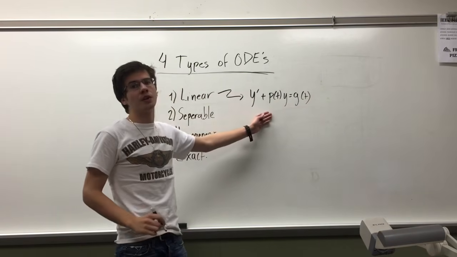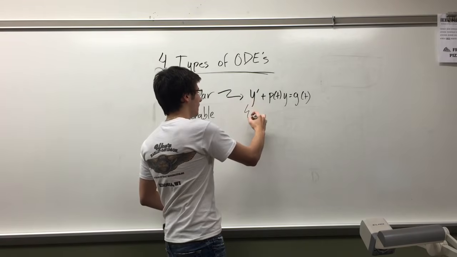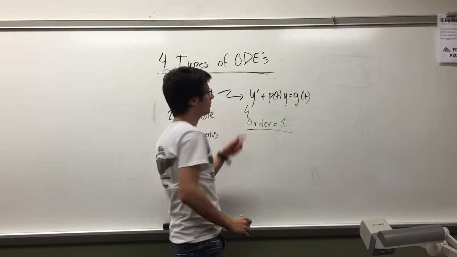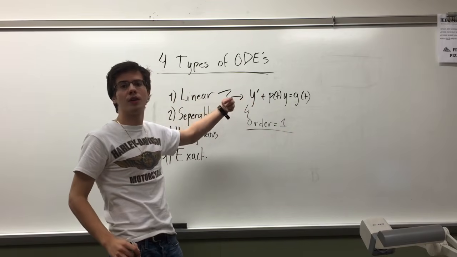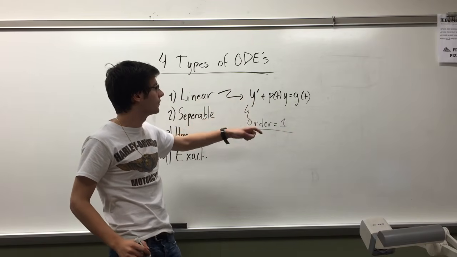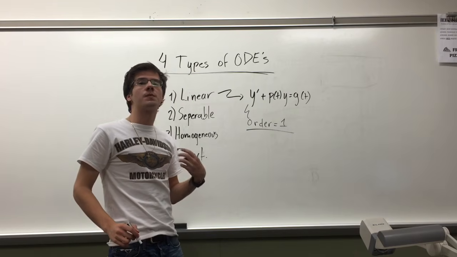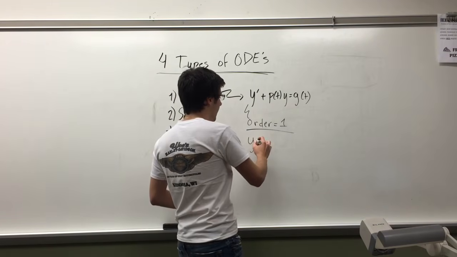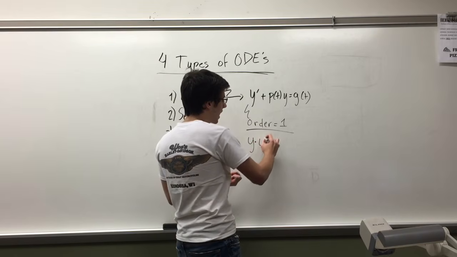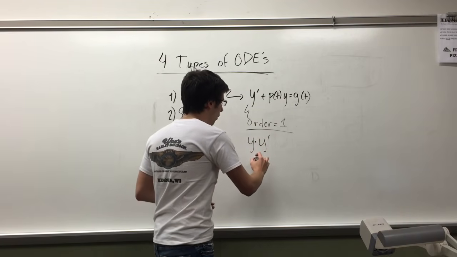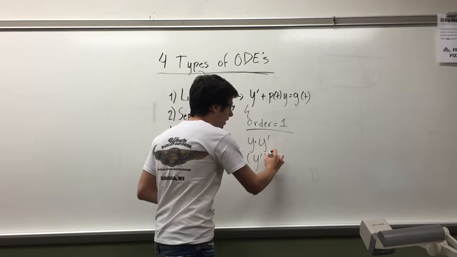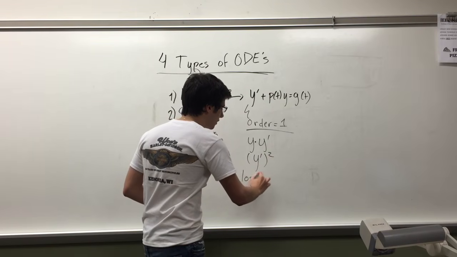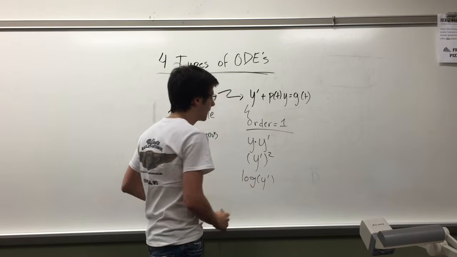This is the form of a linear ODE because it has the order of 1, because it's only the first derivative, and it doesn't have any of the special cases that we talked about in the previous video, where we can't have the function times its own derivative, or the derivative squared, or anything like a function of the derivative like log of y or y prime.